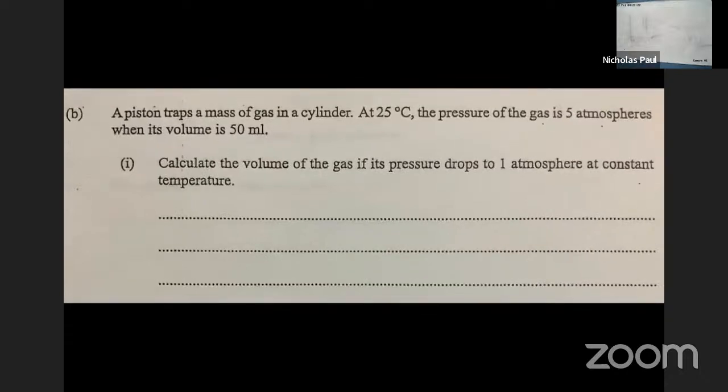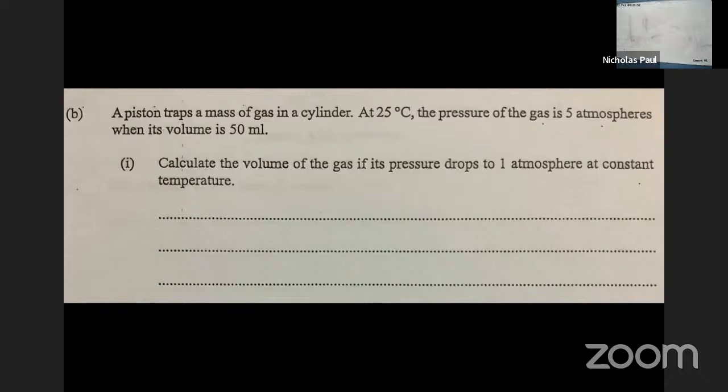A piston traps a mass of gas in a cylinder at 25 degrees Celsius. Once you see temperature in degrees Celsius, what do you do? Pressure is 5 atmospheres and they give you the volume. Calculate the volume if the pressure drops to 1 at constant temperature. So which law is that? Boyle's. Constant temperature means they're using Boyle's law.